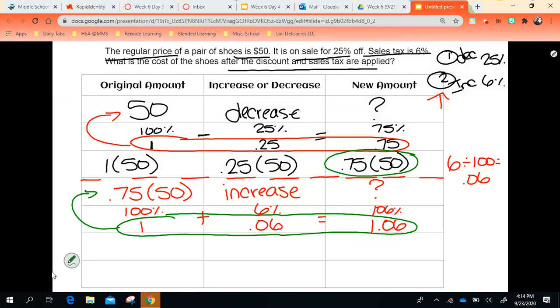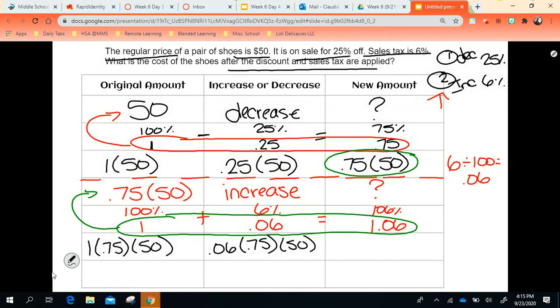Now, just like we did before, we're going to take our decimals and we're going to multiply it with our original. So again, I'm going to do 1 times 0.75 times 50. For the next one, we're going to do 0.06 times 0.75 times 50.